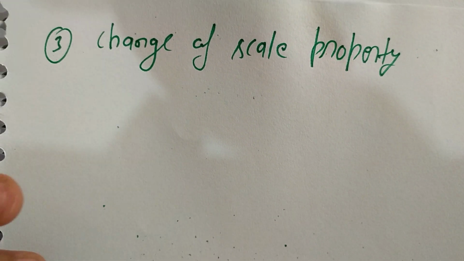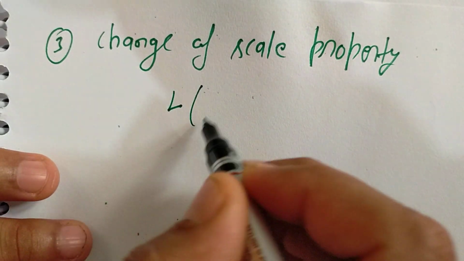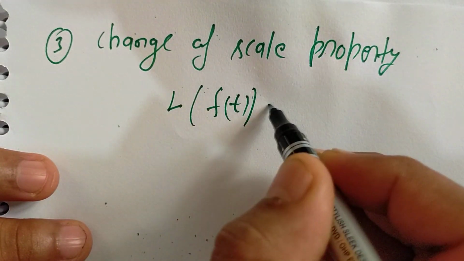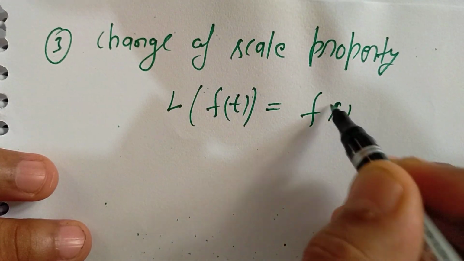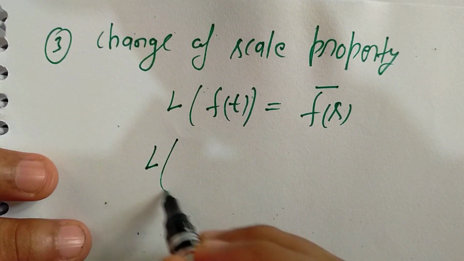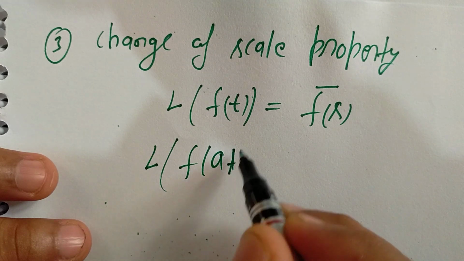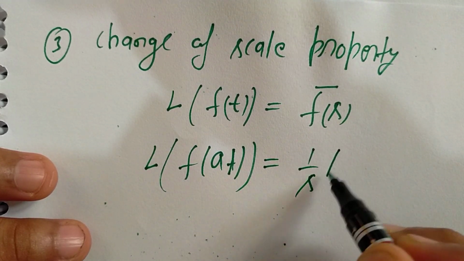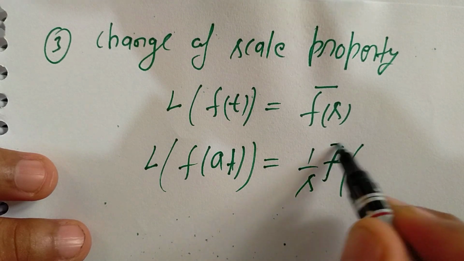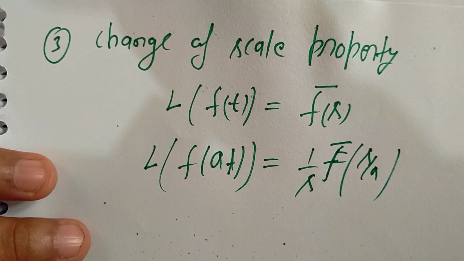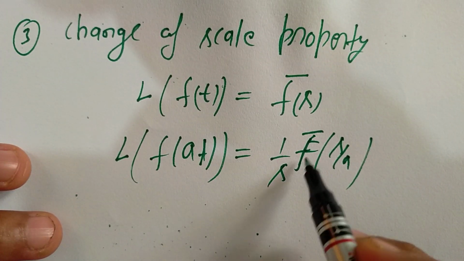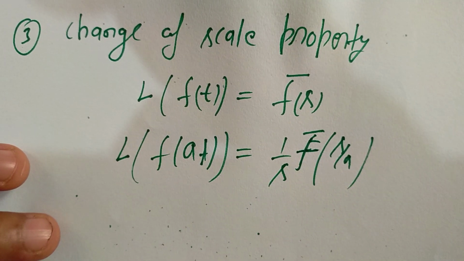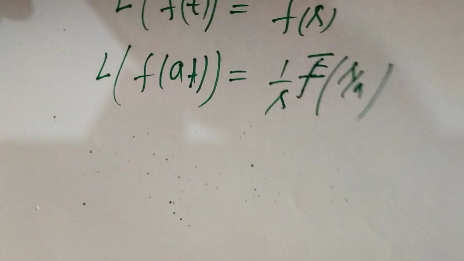Next we have the change of scale property. It means if Laplace of f of t equal to F bar of s, then Laplace of f of at, in the place of t we have at here, will be 1 by a F bar of s by a. So 1 by a, and s replaced by s by a. Let us see how.